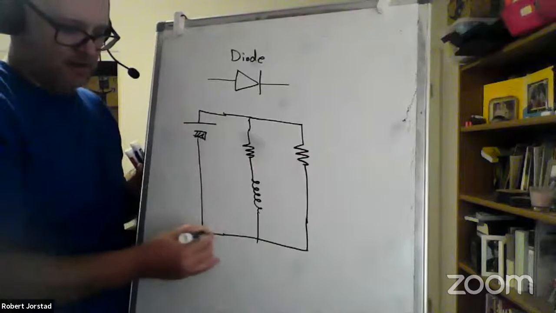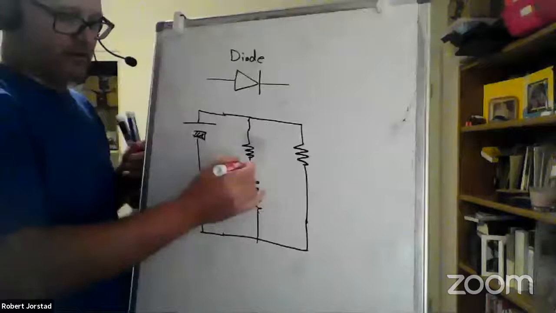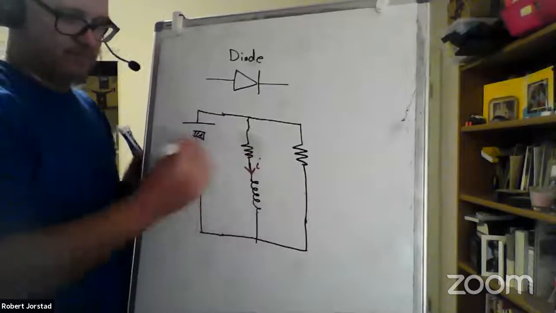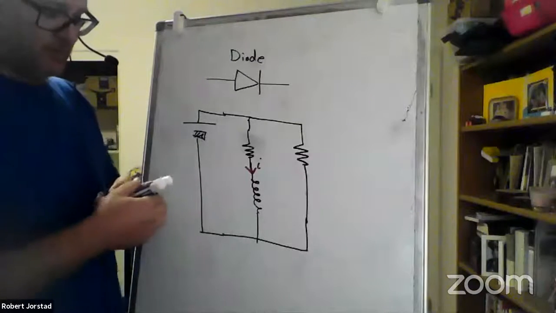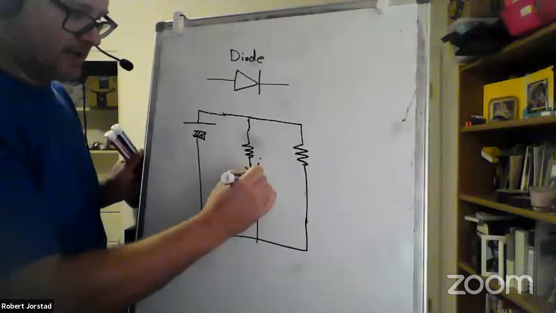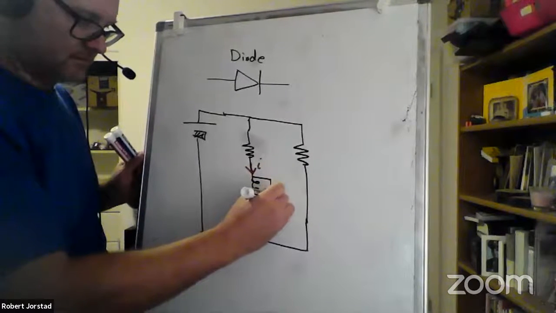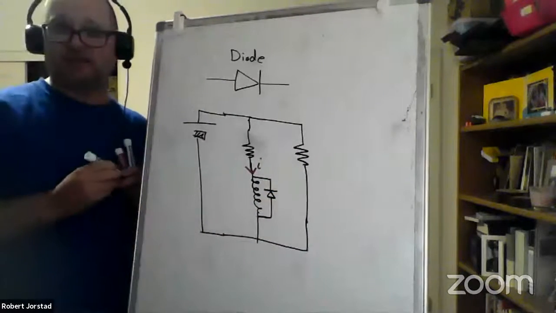And now, remember, we had this circuit going, and there's a large current right now going down this way. So what we could do is put a diode in parallel with this thing. Like this. Now think about this.